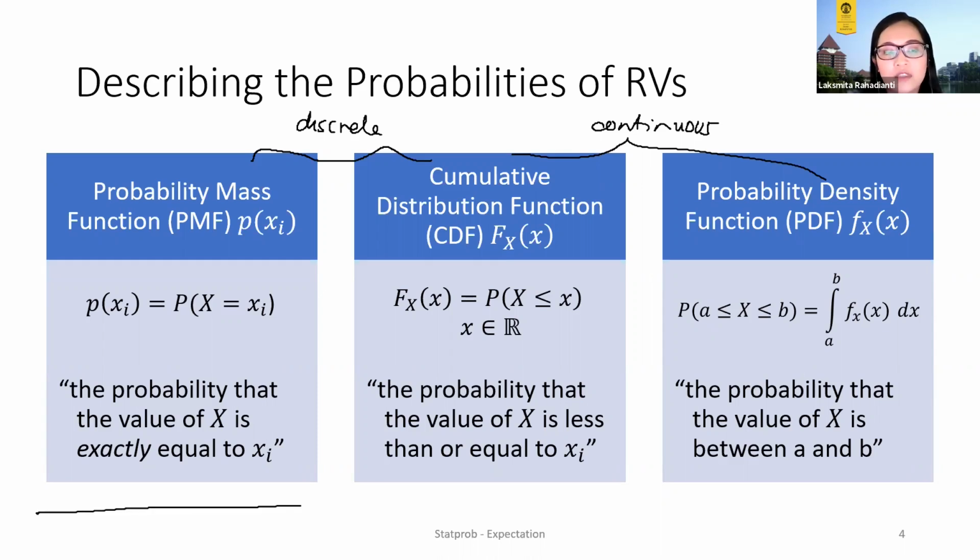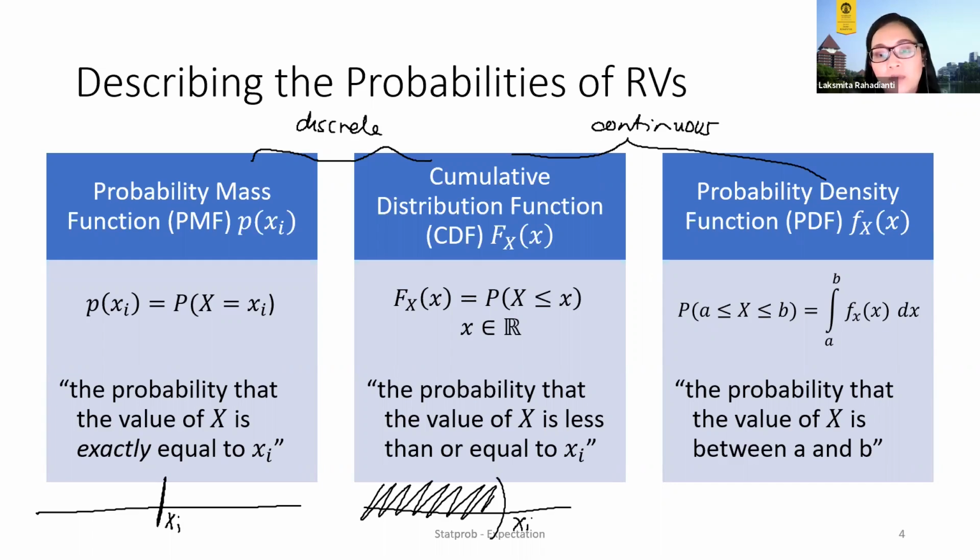So here, if this is the value, the probability mass function will give you the probability that your random variable is exactly a certain value, exactly 2, exactly 3. And a CDF will tell you the probability of your random variable having any value up to x, so any value up to 2, which could include 1 or 0 and so forth.